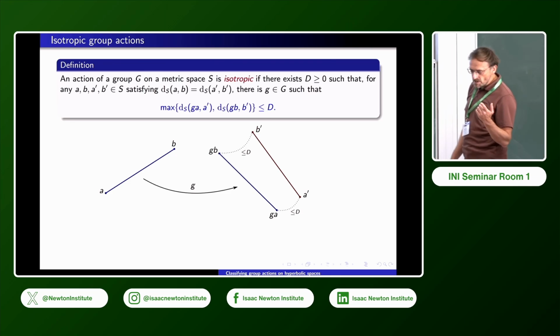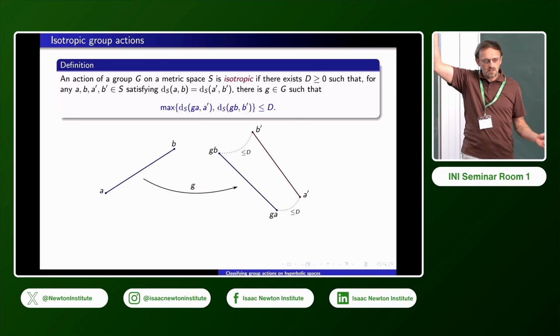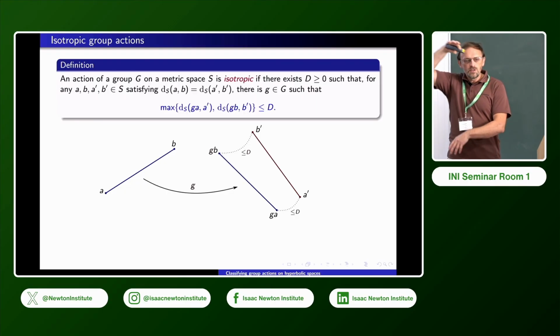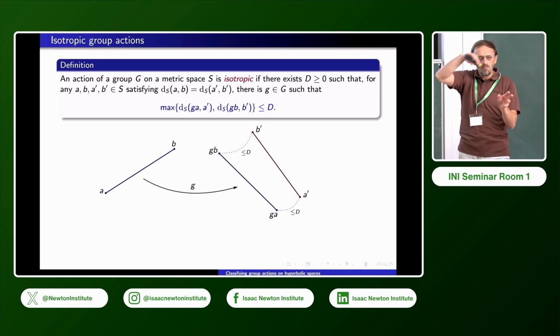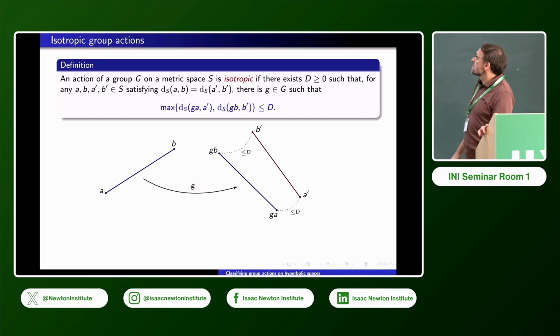Now, the intuition is this. You think about these pairs of points as directions in your space. And roughly speaking, what this definition tells you is that all the directions in your space are more or less the same modulo the G action, right? So that's why we call these actions isotropic.